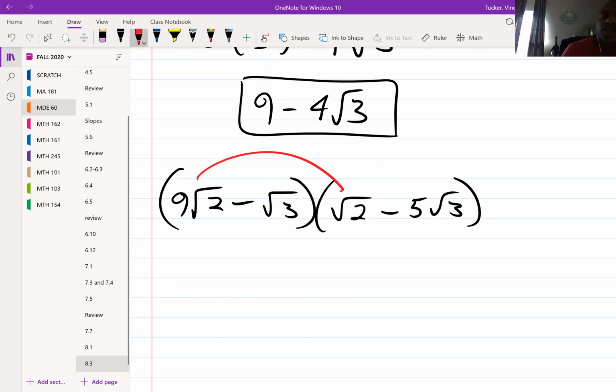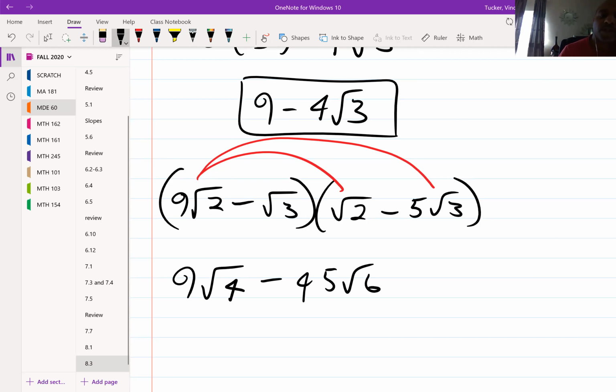So 9 square root of 2 times the square root of 2 is going to be 9 square root of 4. So 9 square root of 2 times 5 square root of 3 is going to be 45 square root of 6.